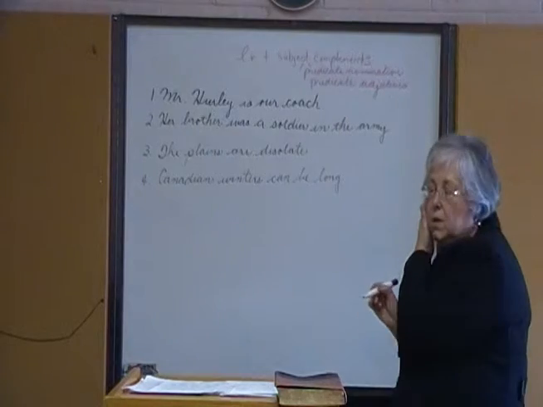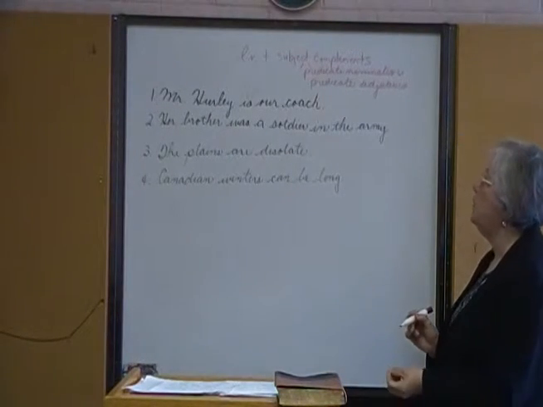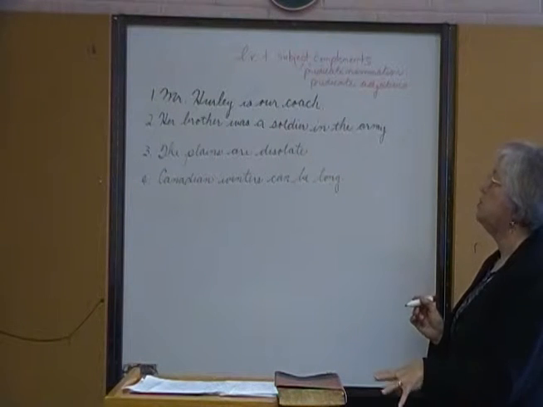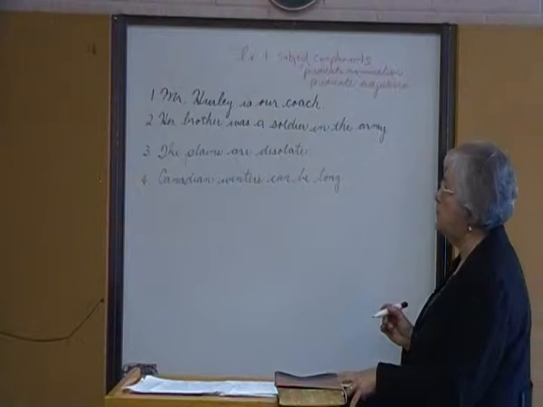There are two of them. All right, and this will complete the 5 complements. All right, so we have linking verbs plus a subject complement. The subject complement is either a predicate nominative, which is a noun, or a predicate adjective.